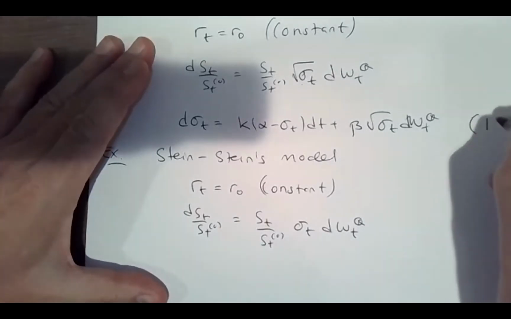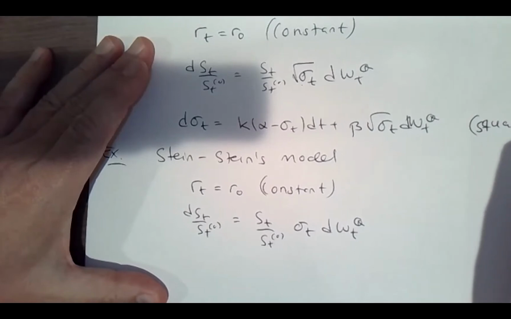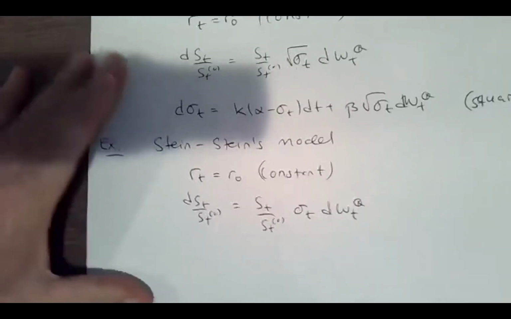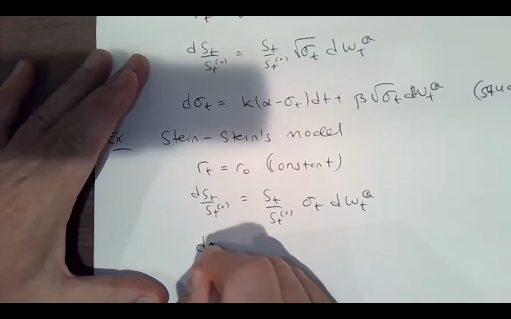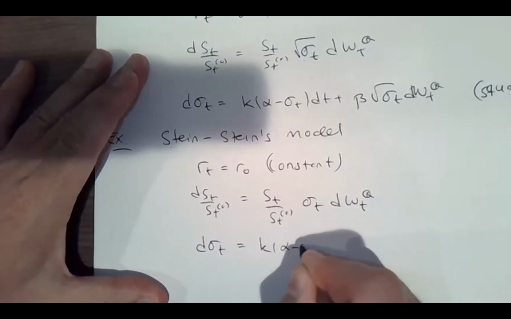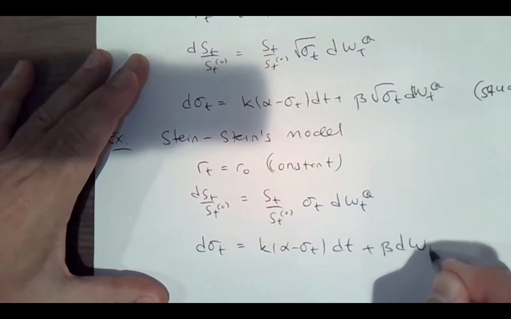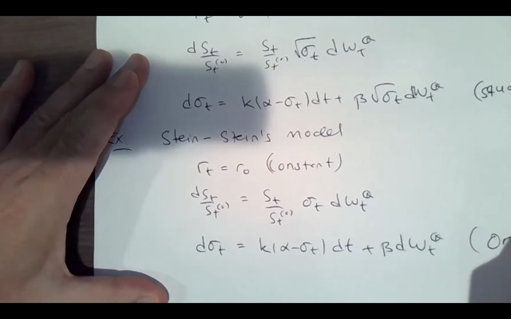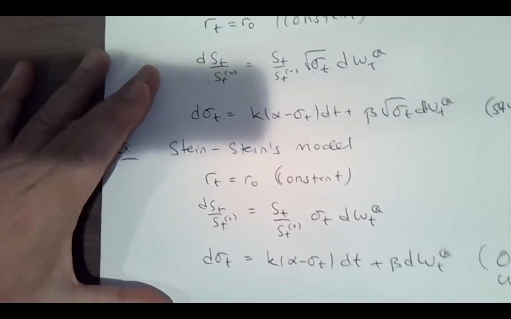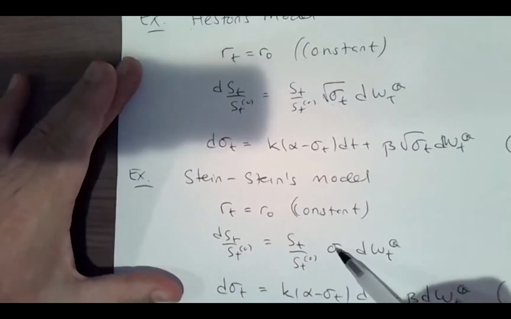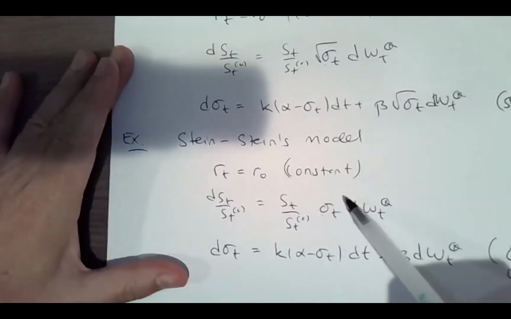This is a square root process, which we have had a few times in the last few weeks. In Stein's model, sigma is an Ornstein-Uhlenbeck process. So the square root over here is gone, and you just have beta. So this here is an Ornstein-Uhlenbeck. These are stochastic volatility models because the volatility in the stock is a stochastic process.